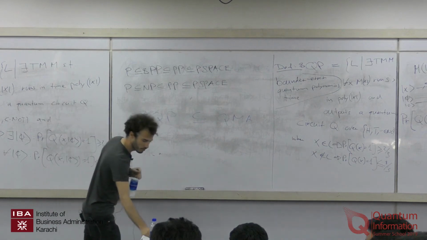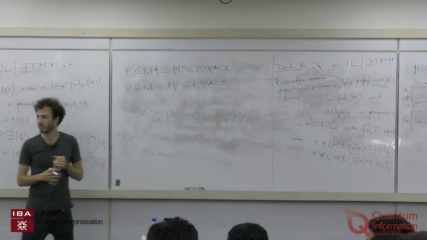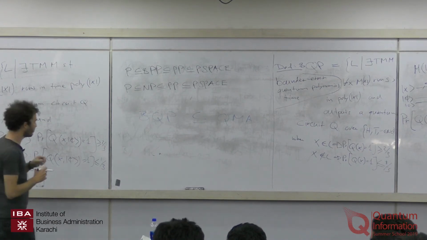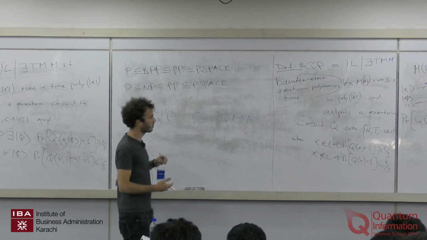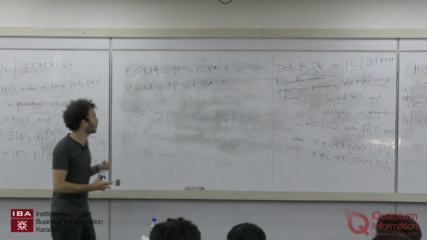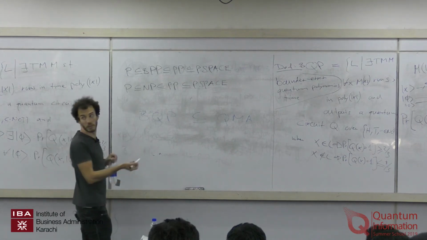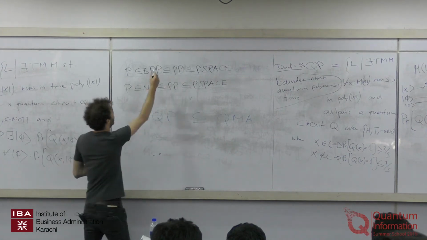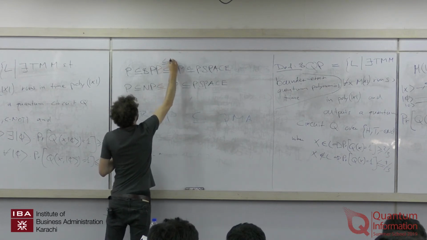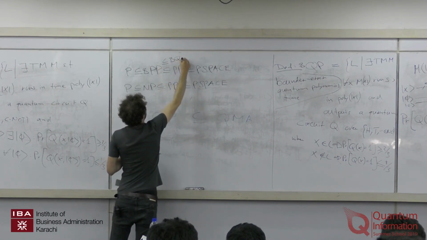Because both of them are probabilistic, and one can do quantum stuff. Exactly. So we can simulate classical computation on a quantum computer. It's just a special case. And it is probabilistic.